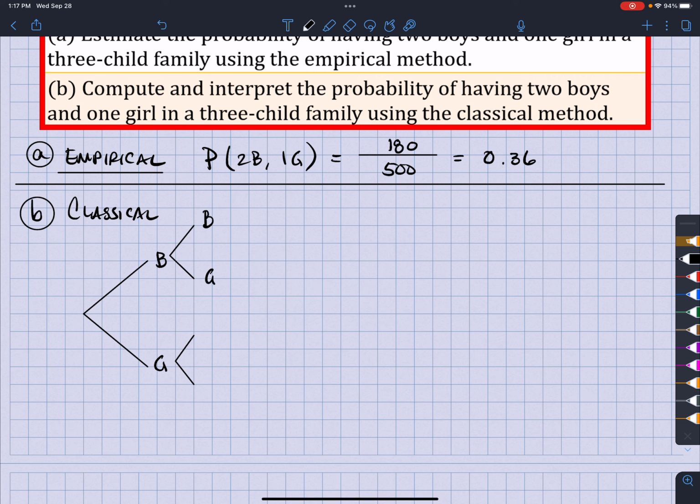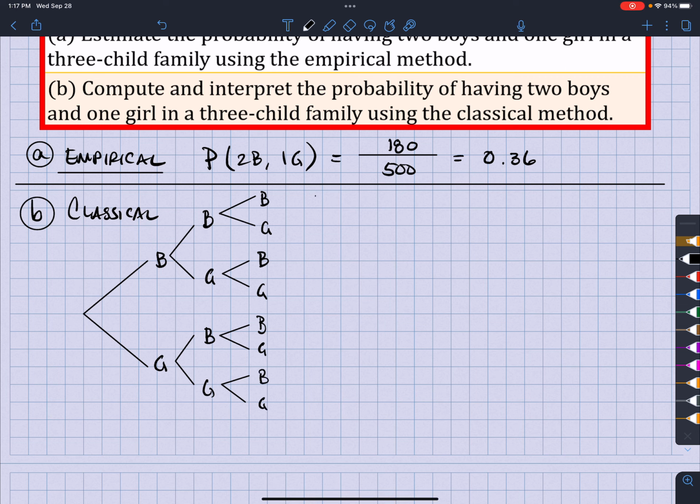If the first child was a girl, the second child would either be a boy or a girl. And then let's say they had a third child. If the first two were boys, the third child could either be a boy or a girl. If they had a boy and a girl, the third child could be a boy or a girl. If they had a girl first and a boy second, the third child could be a boy or a girl. And if they had the first two as girls, the third could be a boy or a girl, right?